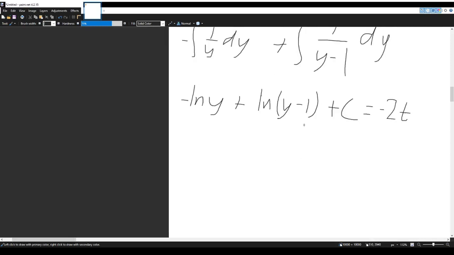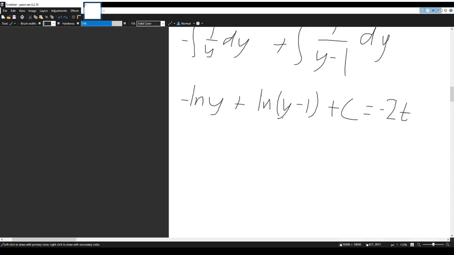So now, I think it would be helpful to use another property of logarithms to combine this term and this term, because we kind of want y to just be in one term, because then it becomes easier to isolate. Because remember, the goal for this is to isolate y in terms of t, right? That's what we're trying to do here.